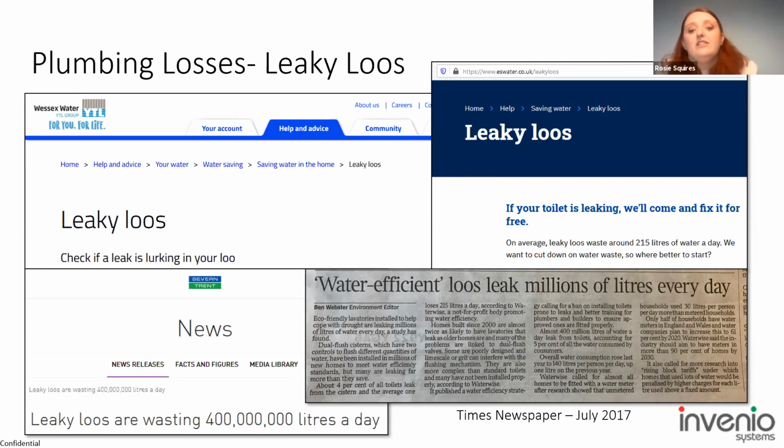So what are we actually doing to target these leaks? Imagine a leaking cistern, a tank of water that is draining. When the level gets below a certain point, it triggers a flush and you get an extra draw of water from that stop tap or OSV, whether it's metered or not.